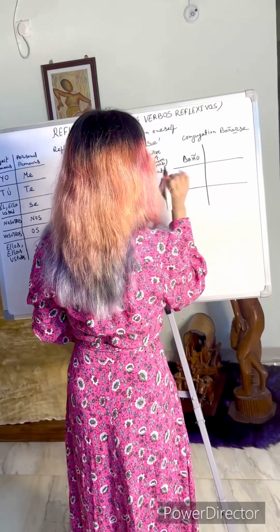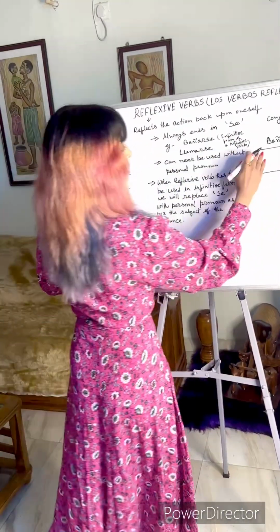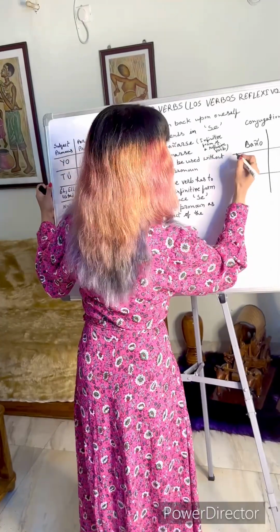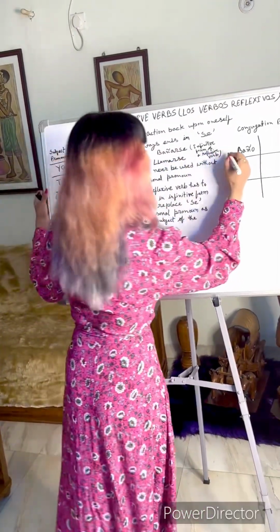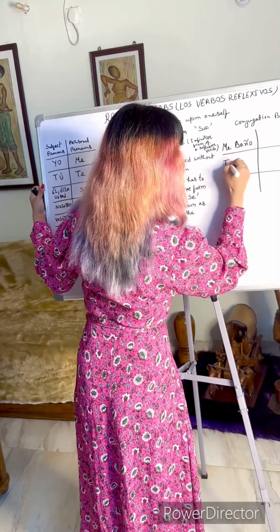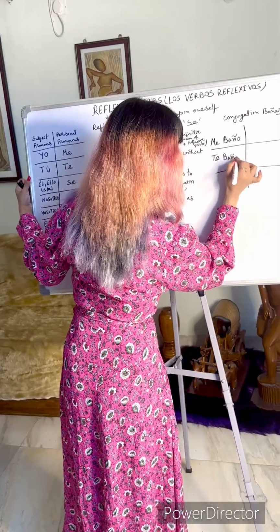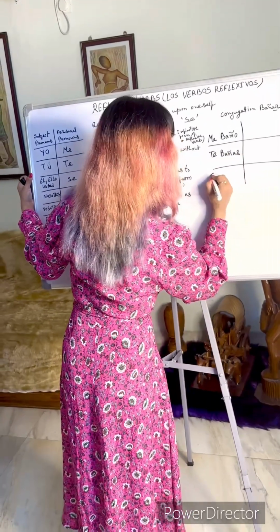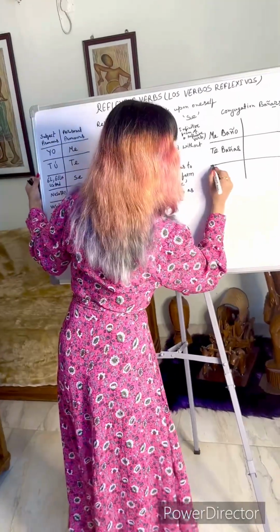baño, but what have I told you guys? We conjugate and you use the personal pronoun. So for yo, it would be me baño, te bañas, se baña.